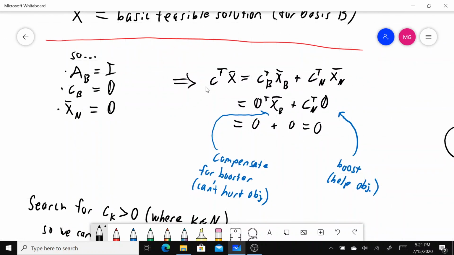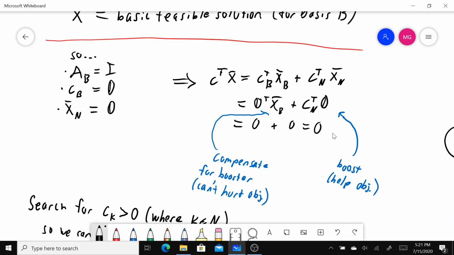And when you plug x bar into the objective function, c transpose times x bar, you just break it up into the basic and non-basic components. For the basic components, the c's are zeros, and for the non-basic components, the x's are zeros. So you have a bunch of zeros times x's and c's times zeros, you just add zeros, and you get 0 at the end. So c transpose times x bar is 0.